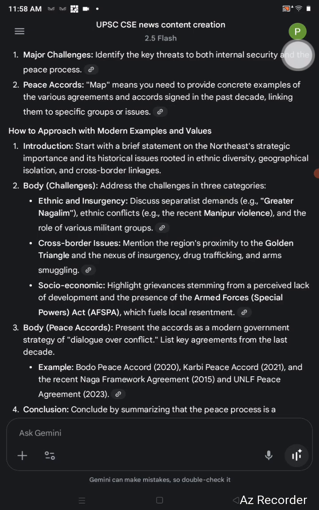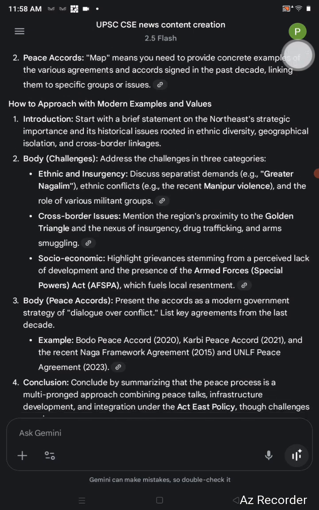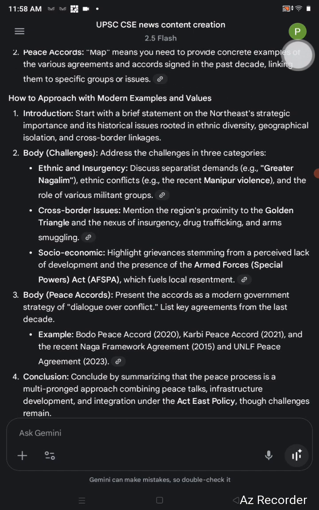Next, socio-economic issues. In the socio-economic section, you can highlight the grievances stemming from a perceived lack of development and the presence of armed forces. When a region is struggling with these kinds of security issues, it will obviously have a lack of development.